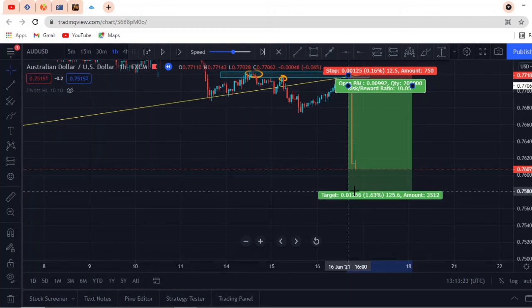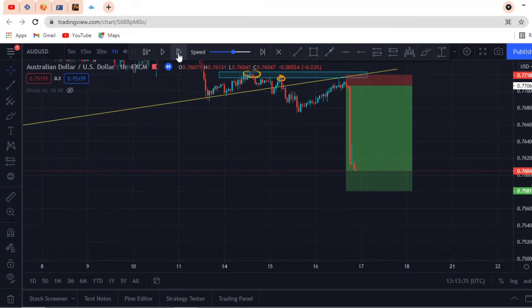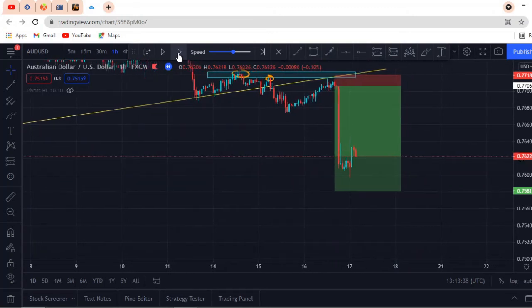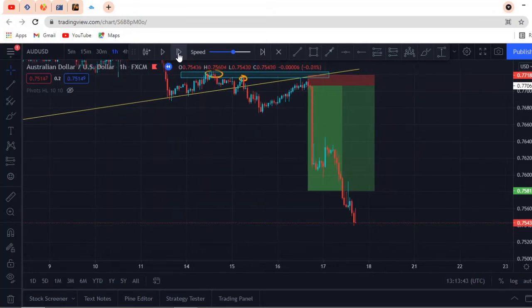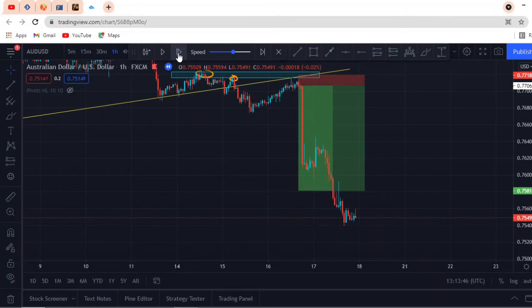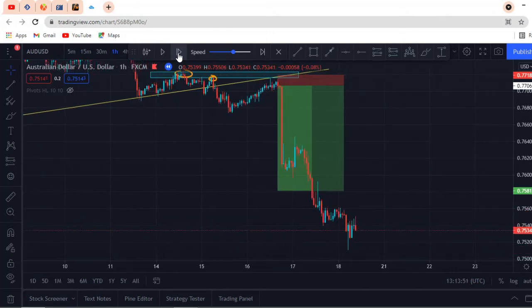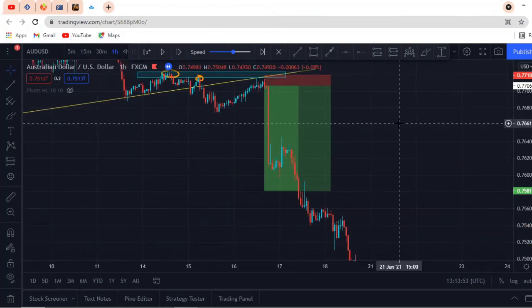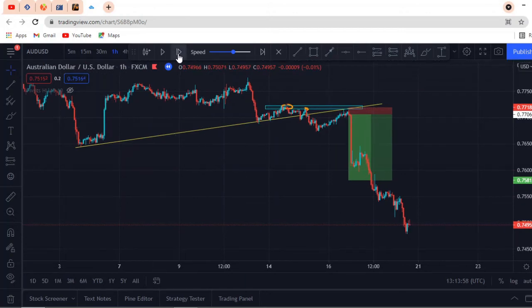Right, so risking 1% to make 10%. All right, so let's see how this played out. Wow. This was a very big move.